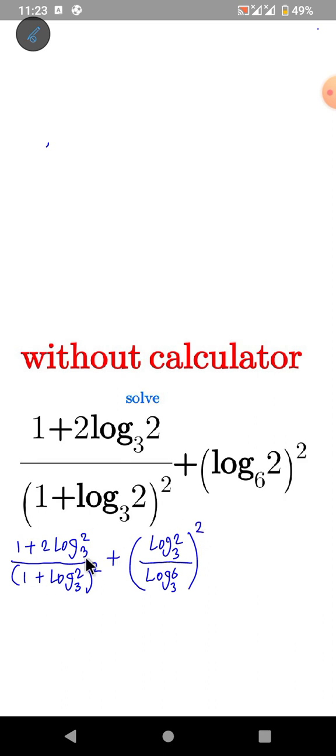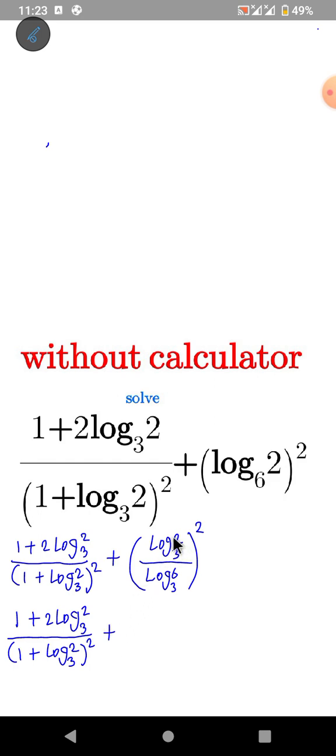Then we continue, write again 1 plus 2 log 2 base 3 all over open bracket 1 plus log 2 base 3, then close my bracket, all raised to the power of 2, then plus.